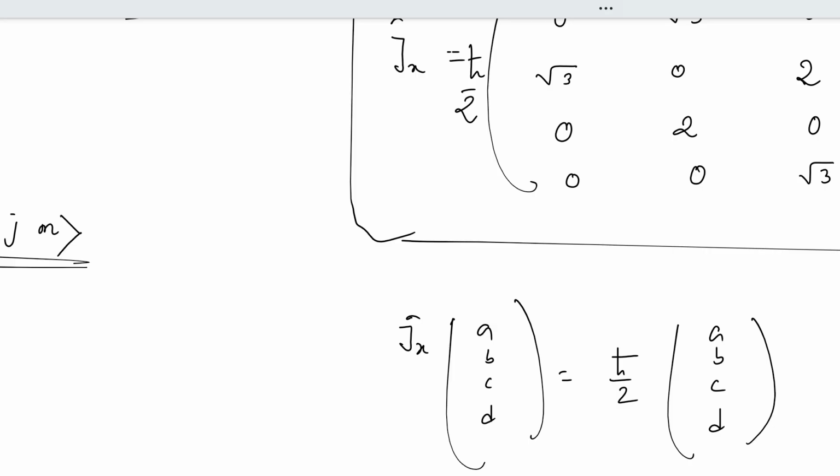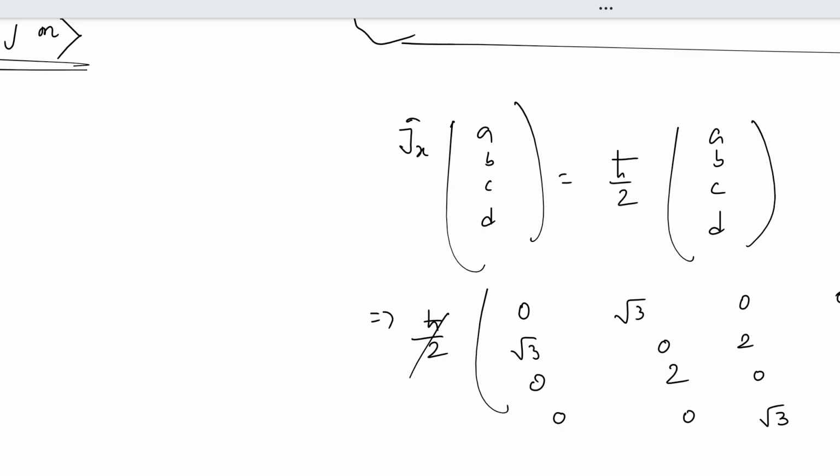So this and this cancels out, so you obtain root 3 b, then root 3 a plus 2c, then you have 2b plus root 3 d, then you have root 3 c.